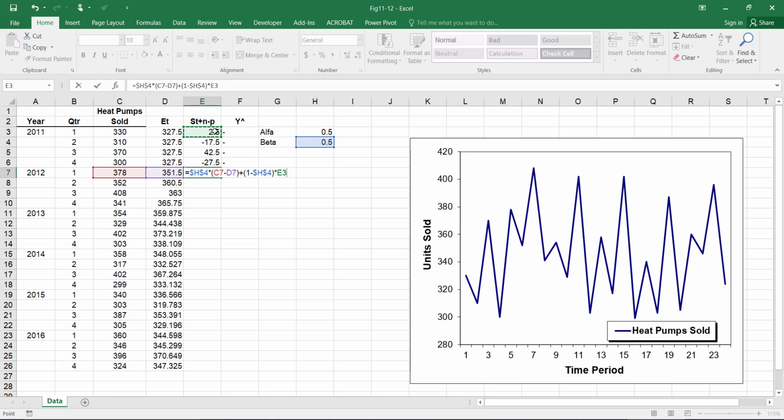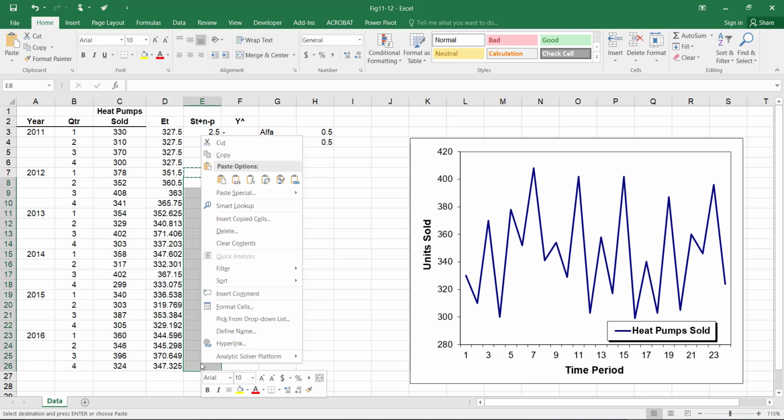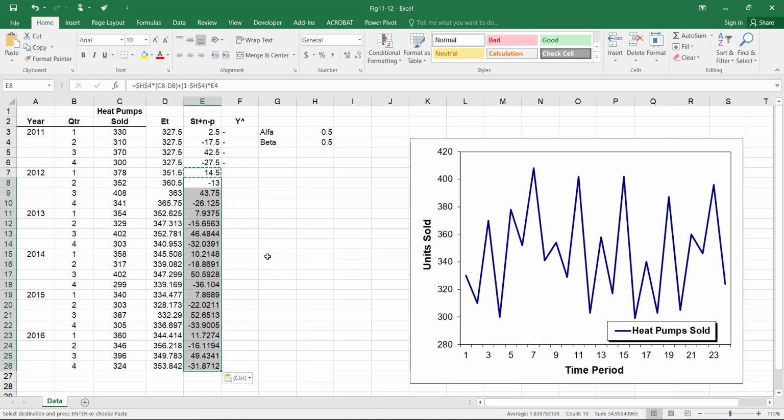So this is the equation that we have. So we can use this st-p for the rest of the time periods that we have. So this becomes this way.